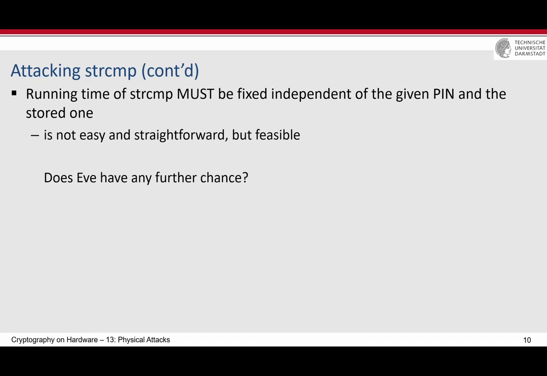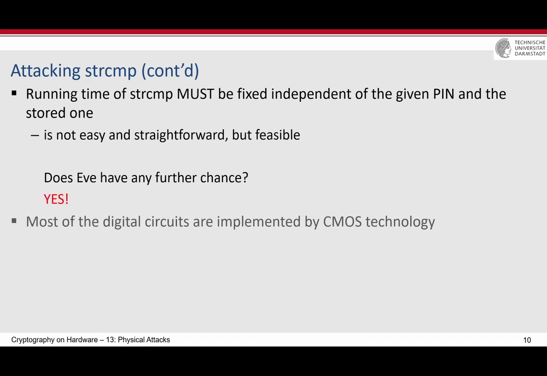But the question is whether the attacker has any other chance. The chance is, for example, measuring the power consumption. Most of the digital circuits are implemented by CMOS technology. We talked about this: the processors in PCs, in mobile phones, in key remotes, every microprocessor is made by CMOS technology.